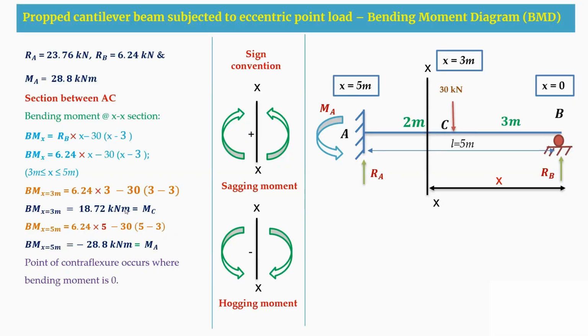Because the sign of the moment has changed from positive to negative in the CA segment. Therefore, we'll take the bending moment equation to be 0. Therefore, I am getting X as 3.79 meters from the B support. The moment is changing from positive to negative, so at that portion the bending moment is 0.